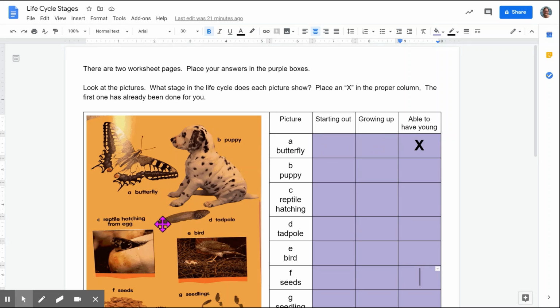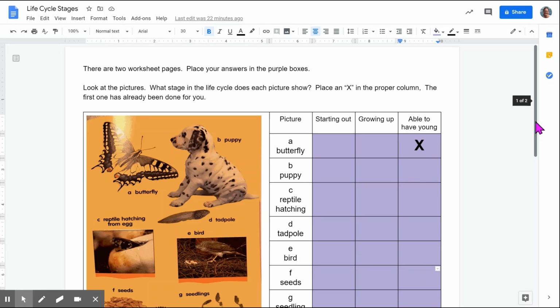Okay, so you're going to look at these pictures and then identify what stage of the life cycle that each picture shows. Is it a picture of something starting out, growing up, or an adult that's able to have young? I've already placed an X to show you how to do this, as for the first one, which was butterfly, which is an adult able to have young.